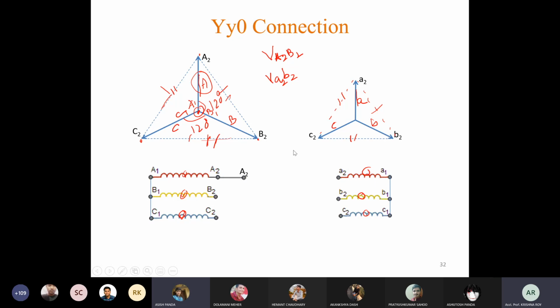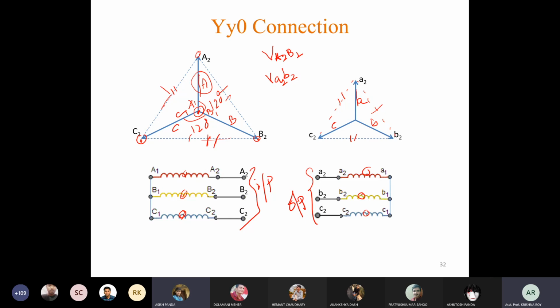Now here in case of high voltage side, these A2, B2, C2 are the inputs. So we have to draw the 3 input lines A2, B2, C2, and if we require, then we have to draw the neutral also. These are input for high voltage side, and these are output for low voltage side, because here low voltage side is the secondary side, which is the output side.